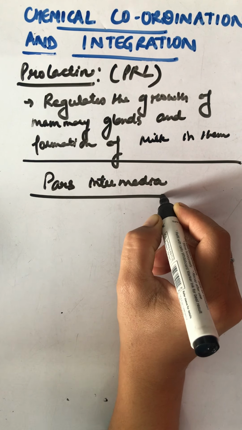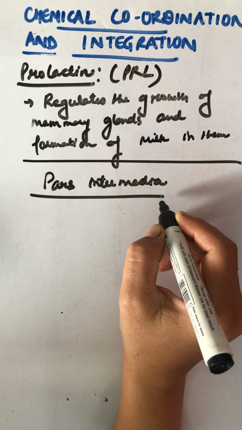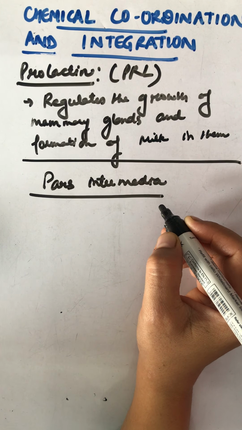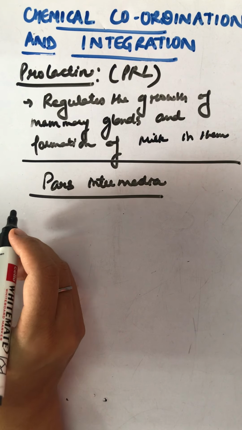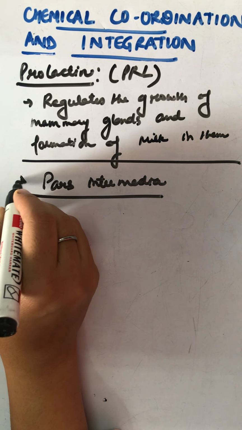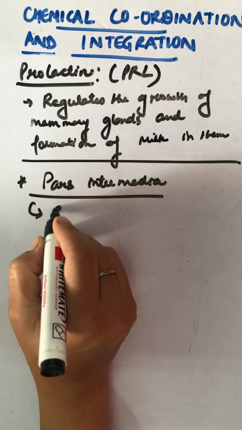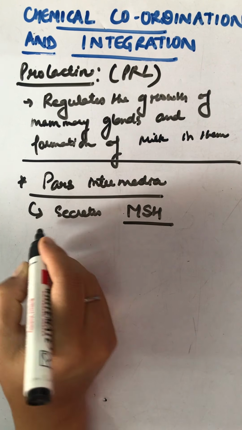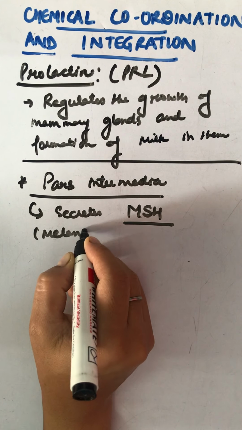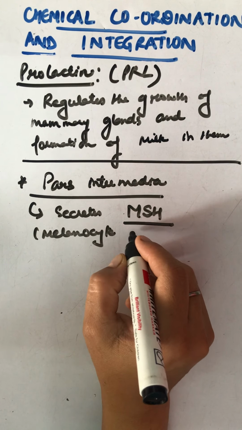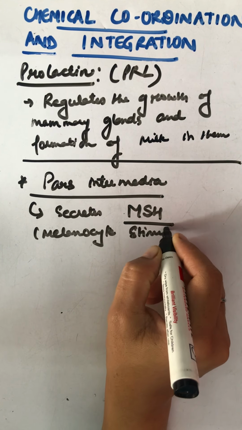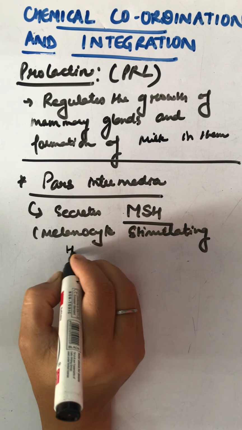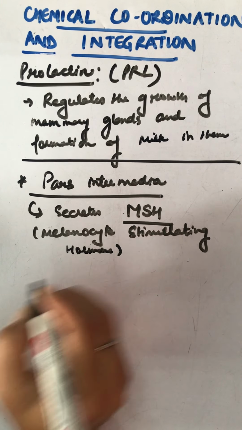Remember the middle lobe? This one secretes the hormone melanocyte stimulating hormone, MSH.